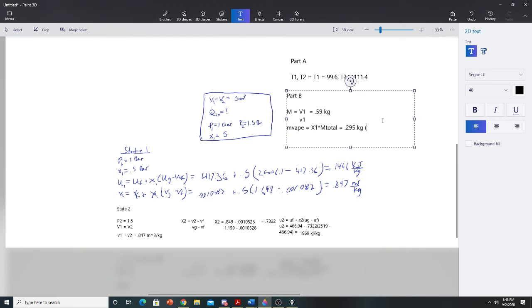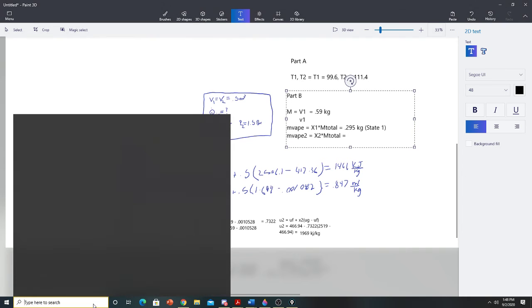At state 1, though, so this is state 1, right? But obviously, it's going to be higher at state 2 because we have more vapor. So this is state 1. Then if you do it again, you do m vapor 2 is equal to x2 times m total. You now have 0.59 times our 0.7322, which was our other quality.